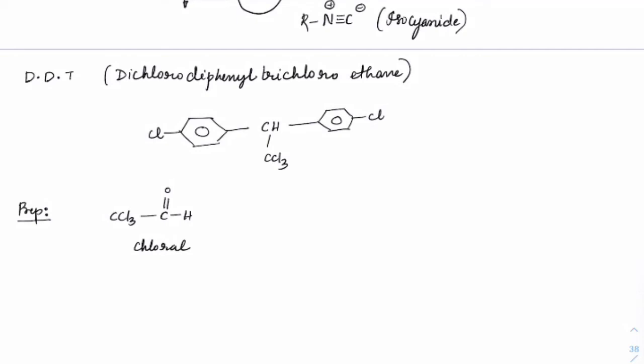So basically it is an aldehyde in which the alpha hydrogens are replaced by chlorine. Okay, so that is chloral. So chloral, when you treat with 2 moles of chlorobenzene, then we will get this.